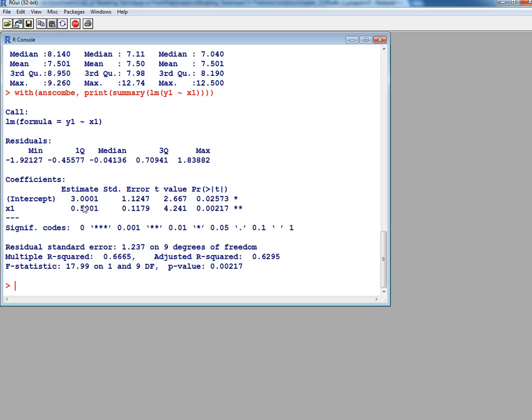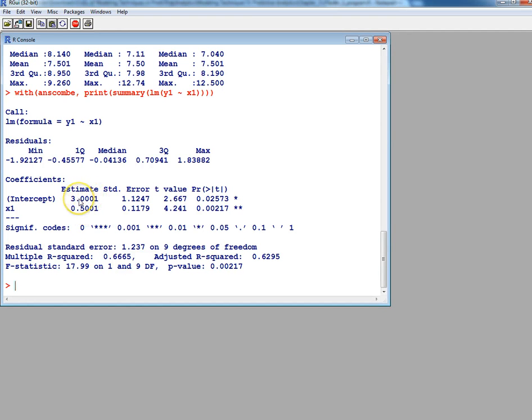Remember we did this in Excel, and the intercept and this were what? This was the slope for the line, and this was the y-intercept. Do you remember this from last time? We did this in regression, right? Last time in Excel.